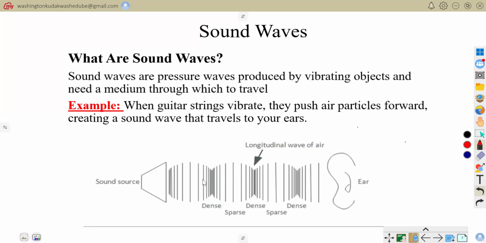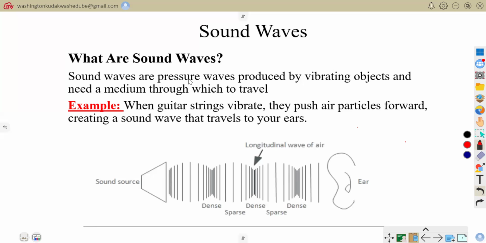So you would see that we have got denser spaces and we have got sparse spaces within the air particles. That is what we refer to as compressions and rarefactions. And through these, that is how our sound propagates.